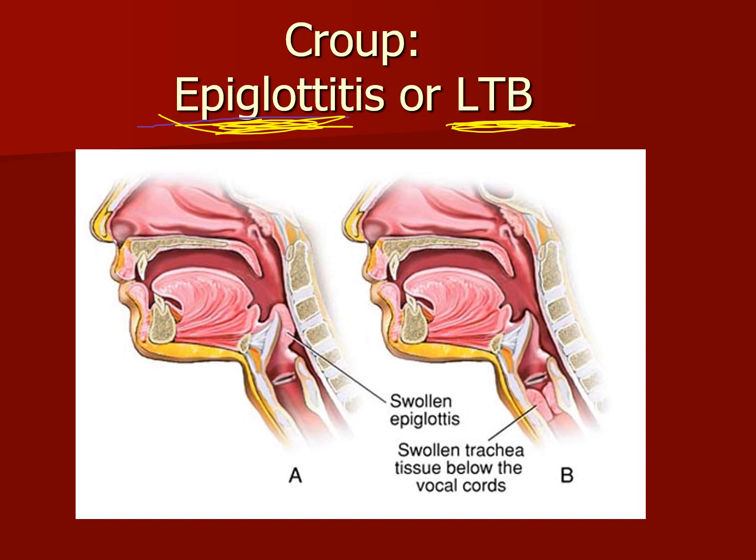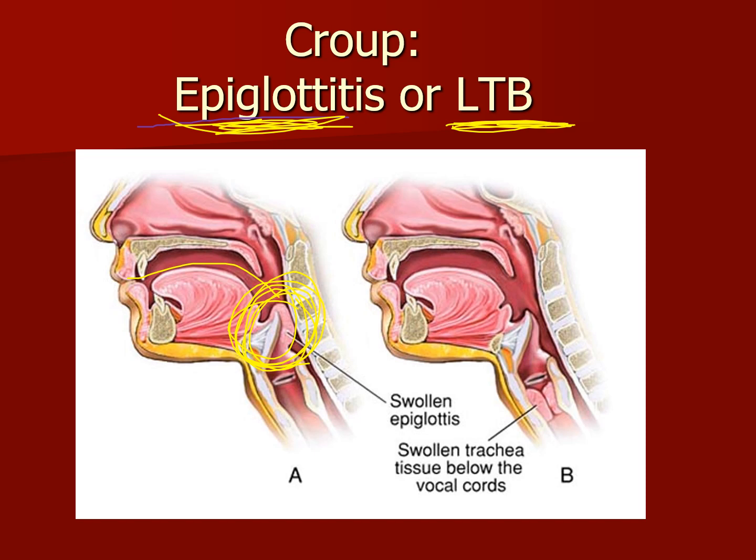It's a bacterial infection that can cause the epiglottis itself to swell. And you guys see how the epiglottis is swollen right there? And because it's so swollen, it's closing off the ability to get air into the trachea. It's blocking that, right?